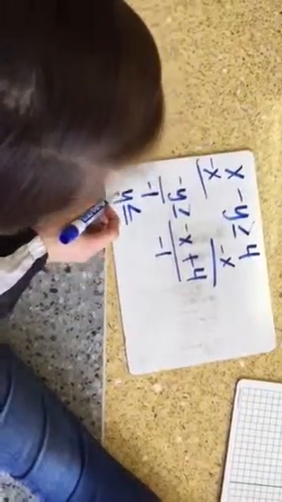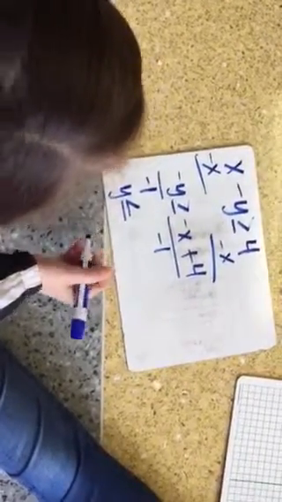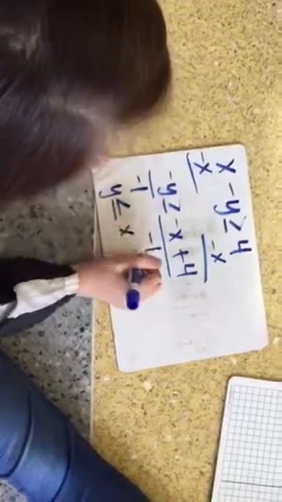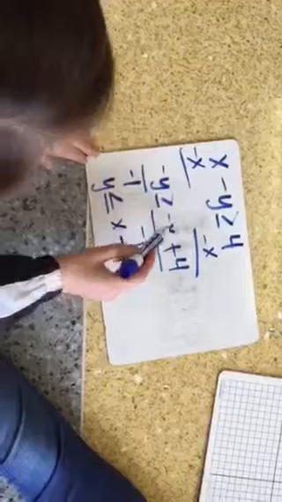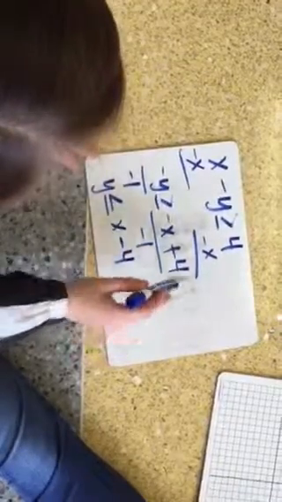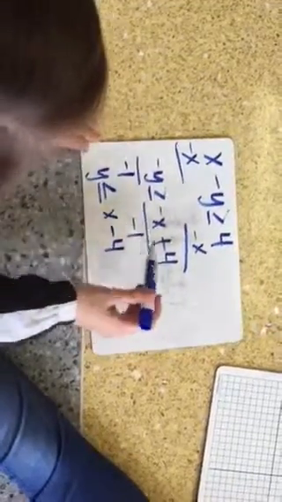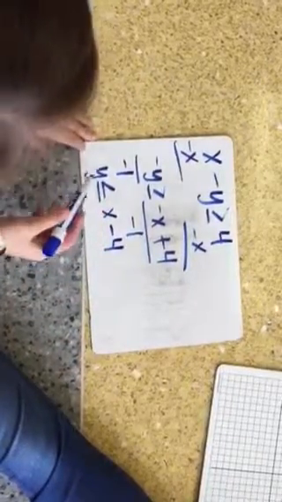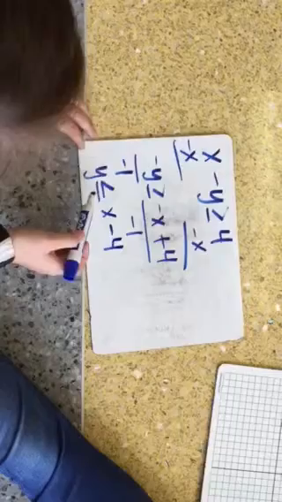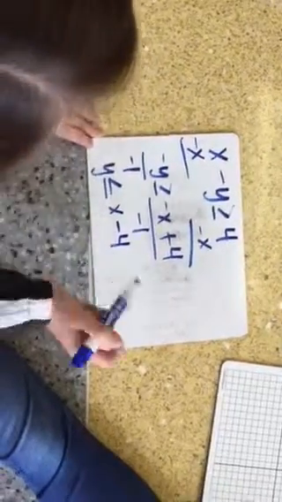So that would change it to y is less than or equal to a positive x minus 4, because since you're dividing a negative x by negative 1, that makes it a positive, and you're dividing a positive 4 by negative 1, it makes it a negative. So our inequality ends up being y is less than or equal to x minus 4.